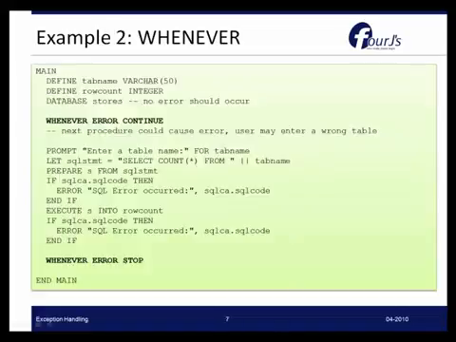In this example, the whenever error handler begins before a set of SQL statements with the continue keyword and ends after the statements with the keyword stop. If an exception is raised during the processing of these statements, the program is to continue. Notice that the programmer has supplied an error statement to display the code of the error that was raised, much as we saw with using status in the prior slide.